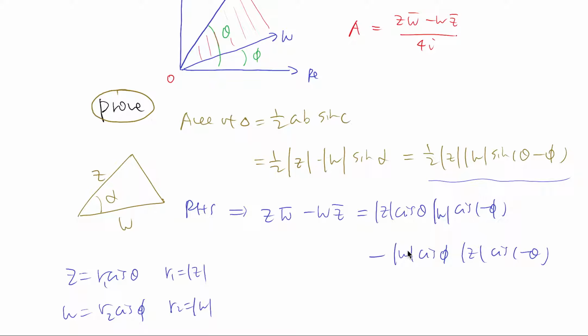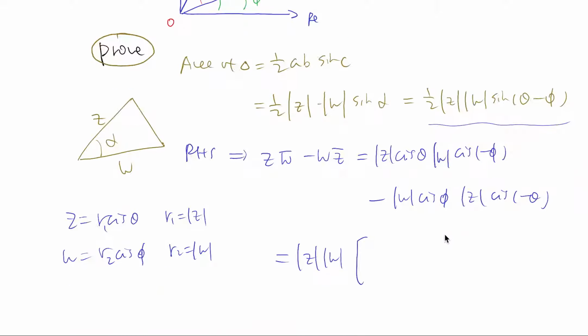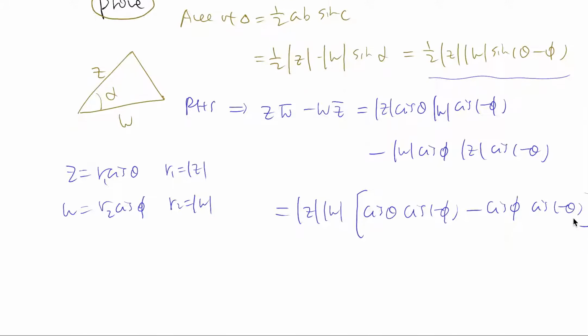You can see both terms have modulus of Z and modulus of W in common. We can take that out. So it becomes |Z||W|, and then put the rest of the terms together: cis theta multiplied by cis minus phi, minus cis phi multiplied by cis minus theta.